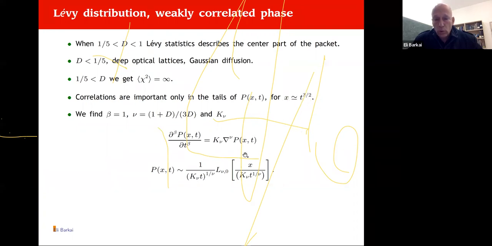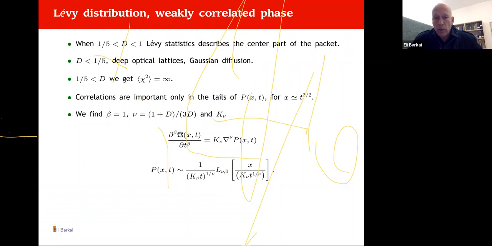So to conclude, what we find is that in this regime, you get this famous fractional space derivative, as was found in the experiment, with nu given by this expression. As I promised at the beginning, we were able to derive the relation between the depth of the optical lattice, the recoil energy, and this nu, only in the regime between 1/5 and 1.